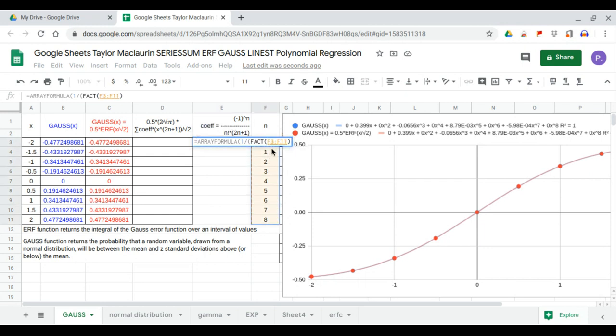That's the first one. Times, okay, what's in here? That's 2n plus 1. 2 times n plus 1.